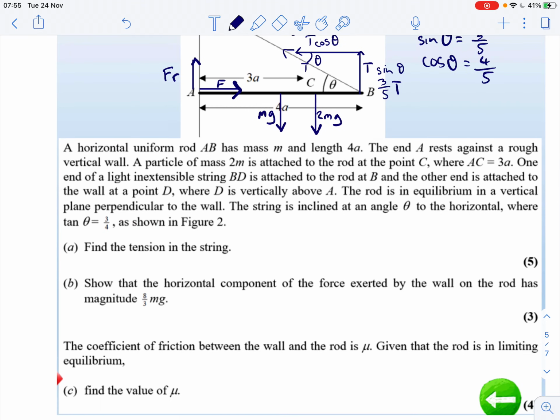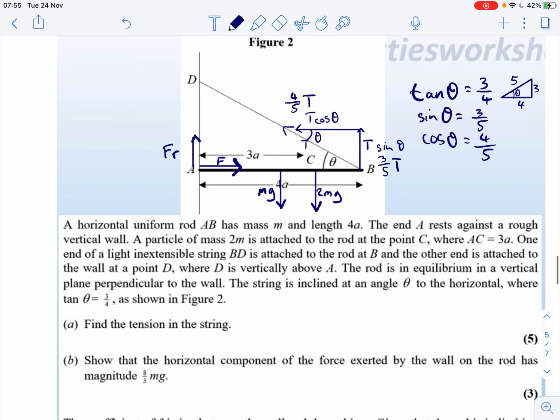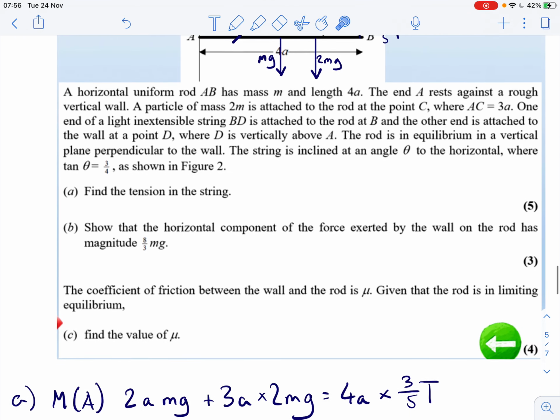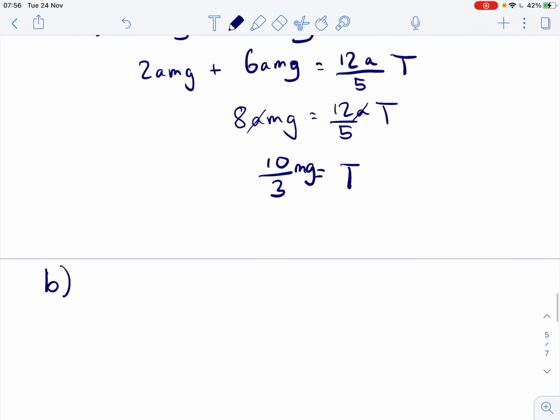Show that the horizontal component of the force exerted by the wall on the rod has a magnitude of 8 over 3 mg. Okay. So, we're looking at this horizontal force. As I said earlier, the only other horizontal force is this T cos theta, and we now know what T is. So, looking at B, I can resolve horizontally.